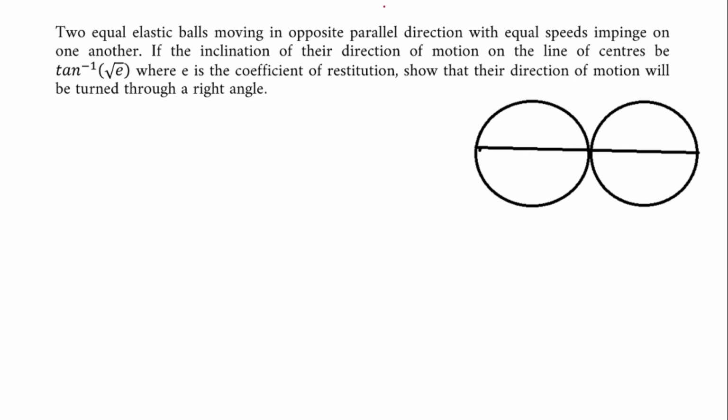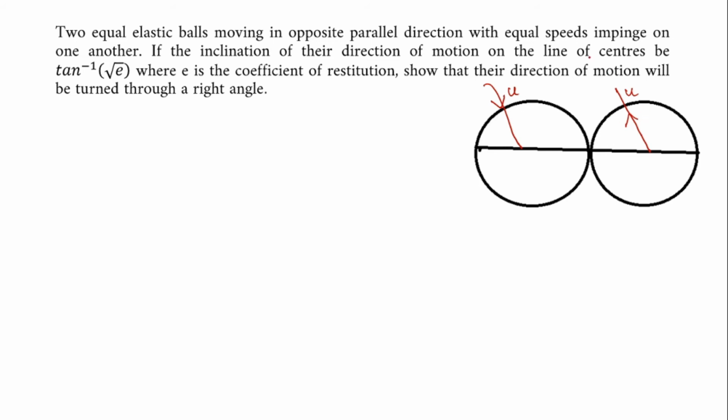Okay, so there are two spheres. They have given opposite parallel direction with equal speeds. So suppose I am considering this with the velocity u in one direction, and the other ball acts in the opposite direction but with the same velocity. So when the first ball has the initial velocity u, the second ball has the initial velocity u, but the direction is different, so we are considering that as minus u.